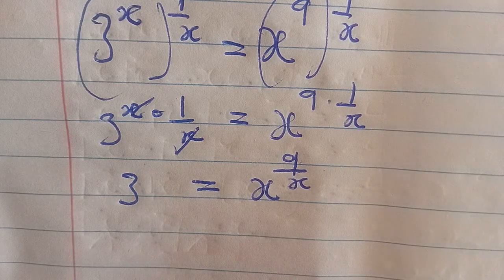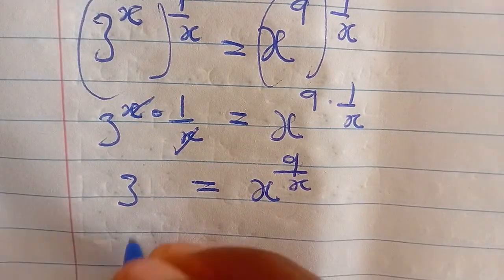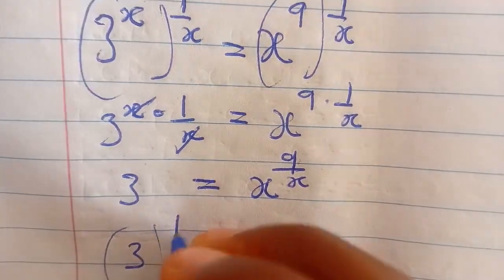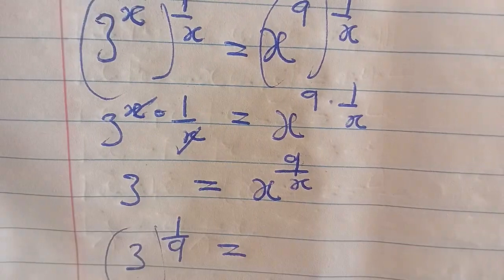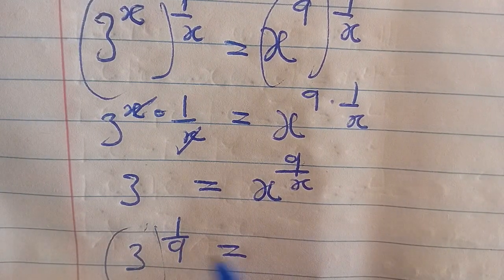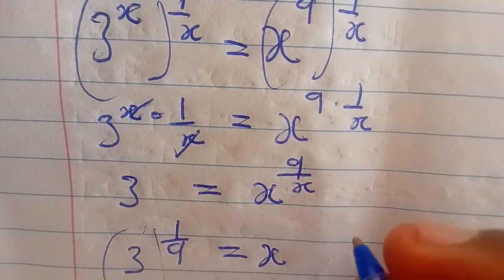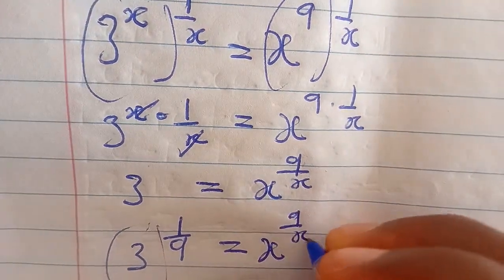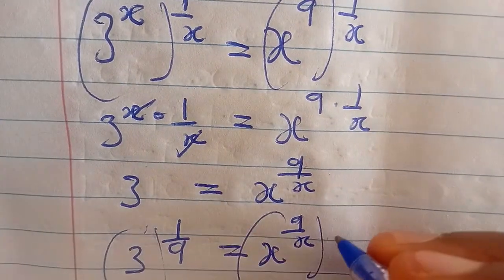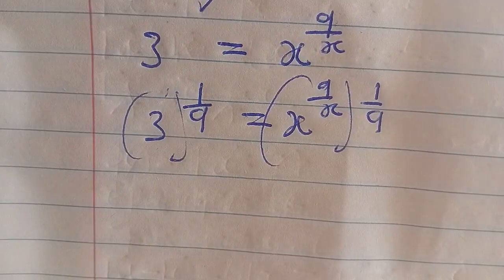So you're going to have 3 exponent 1 multiplying 1 over 9, or you can do it like this, is equal to x exponent 9 over x, multiplying 1 over 9.